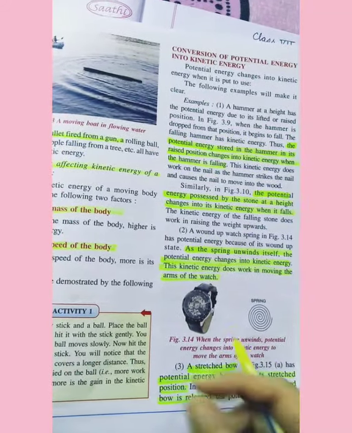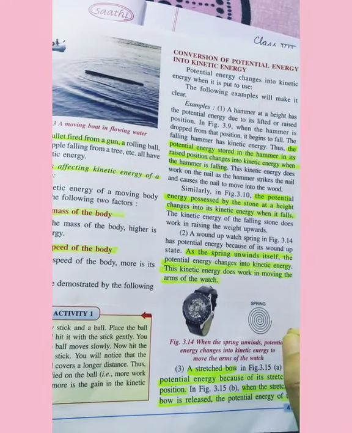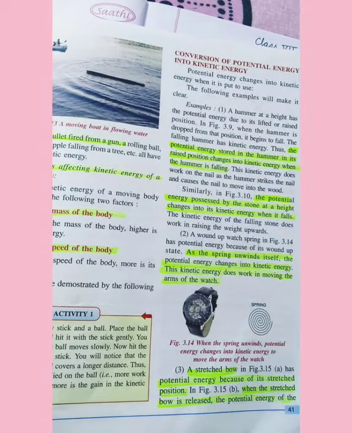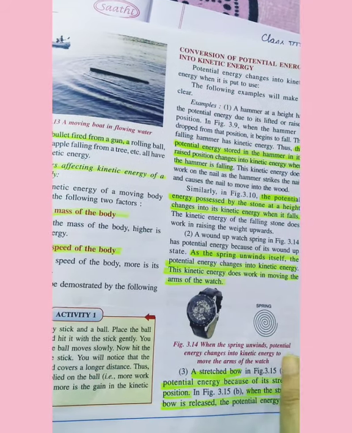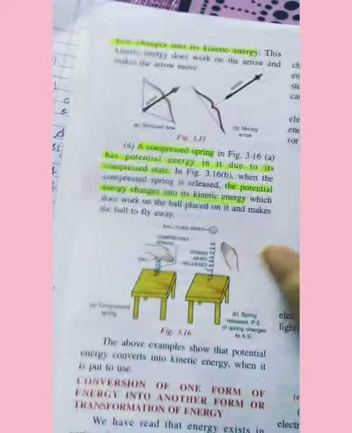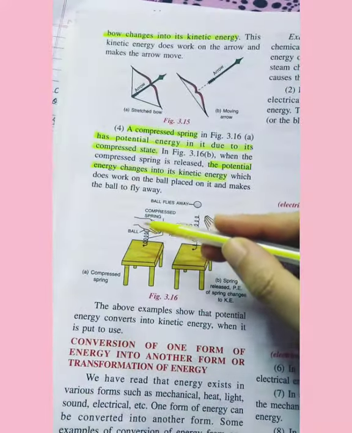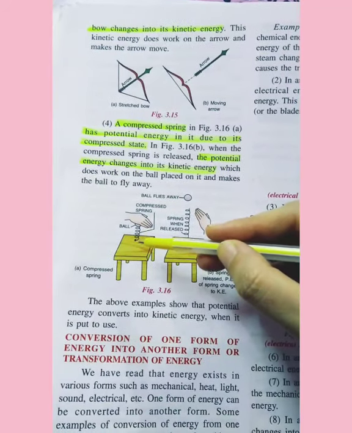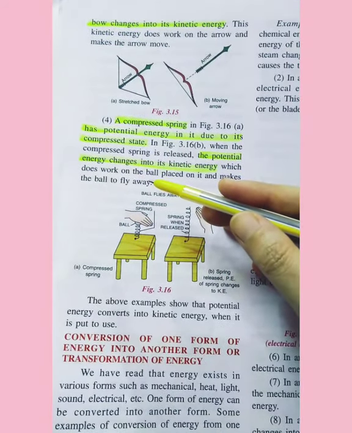Stretched bow also: when the bow is stretched and at rest, it has potential energy, and when it is released, it has kinetic energy. This potential energy changes into kinetic. उसके बाद बेटा see compressed spring. When the spring is compressed, then it has potential energy, and when it is released, this potential energy changes into kinetic energy.